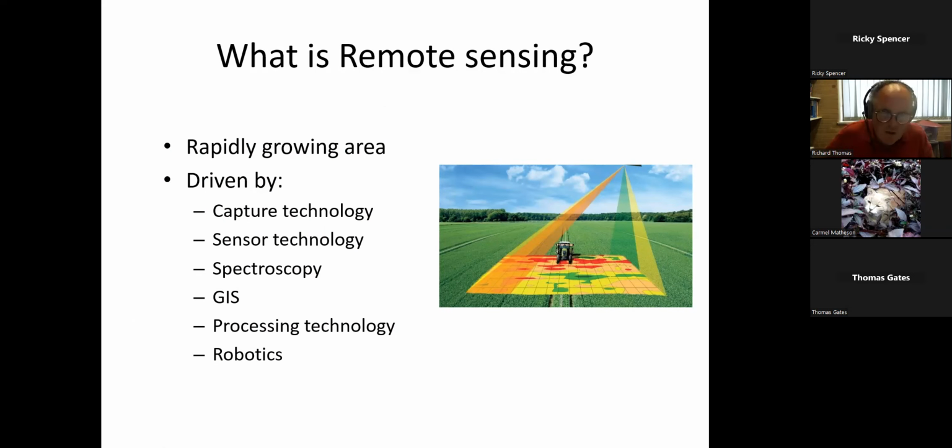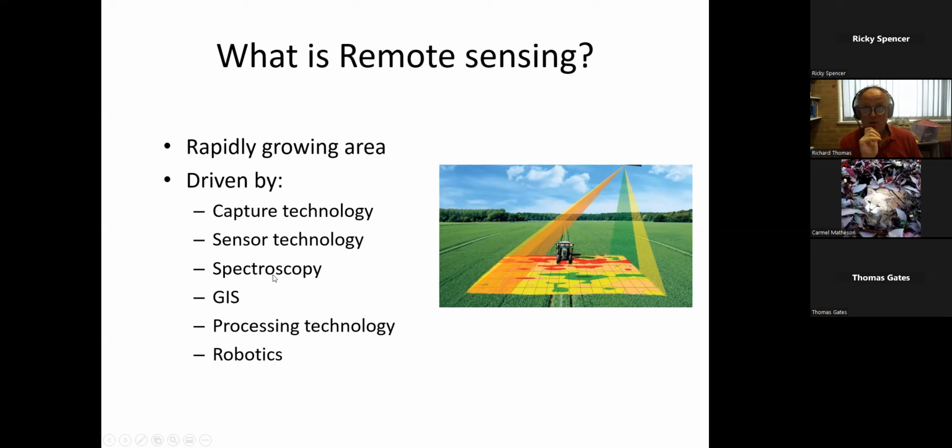More and more we're using remote sensing for these purposes. It's a rapidly growing area, and it's being driven by the fact that now we have computers that can capture huge amounts of data sets and process them really quickly. So there's a whole load of things. For capture technology, we can use satellites and drones. The sensor technology has improved massively.